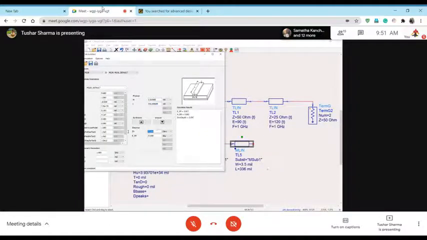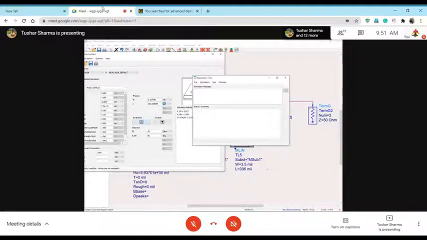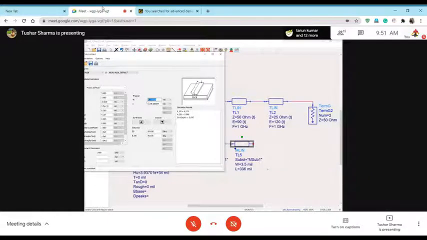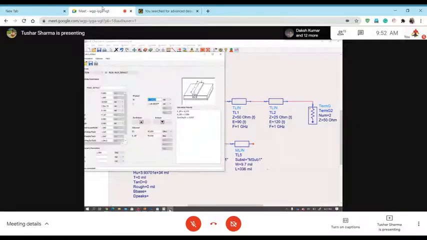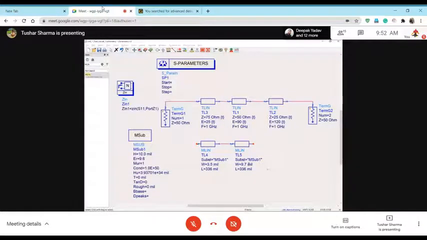If impedance is 50 ohms and your electrical length is 90 degrees, your width is 9.7 mils, and your length will be 1169. So your width has increased as your impedance has decreased.